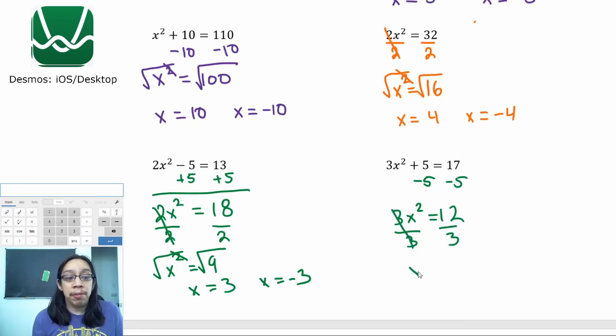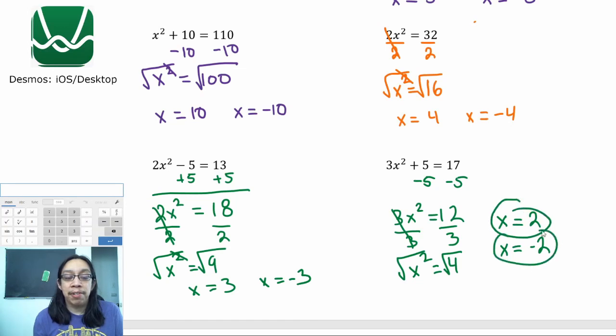And by doing so, we're leaving x squared by itself. That's why we're dividing by 3. The whole point is that we're trying to keep x squared by itself. Now from here, we have 12 divided by 3, which is just 4. And all we have to do now is take the square root of both sides. So now we're left with x is equal to square root of 4 is going to be positive 2, and we also have to consider negative 2. So here is both of our answers.